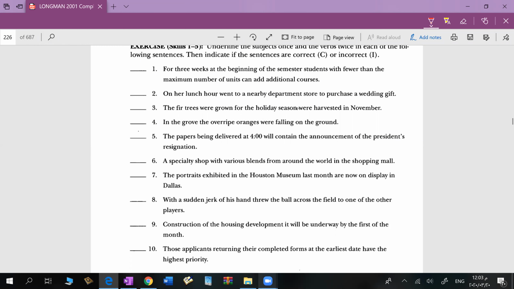I think that this is correct. It's correct because we have here a prepositional clause, and then another, a third and a fourth prepositional clause. We have too many, and then we have the subject, the maximum number of units, and then the verb can add.